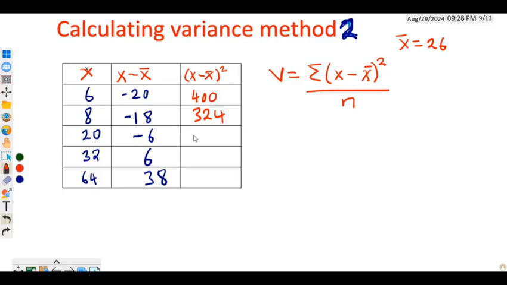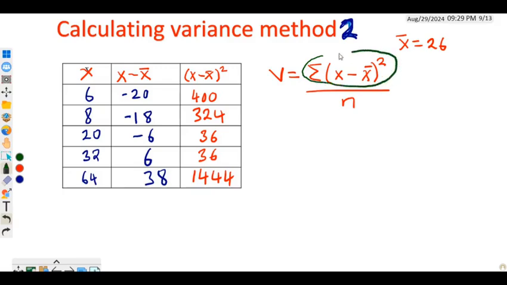Then negative 6 squared gives us 36. Then again 6 squared gives us 36. Then we have 38 squared, which will give us 1444.